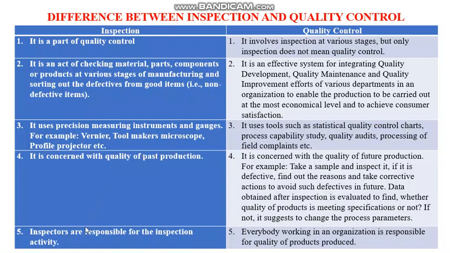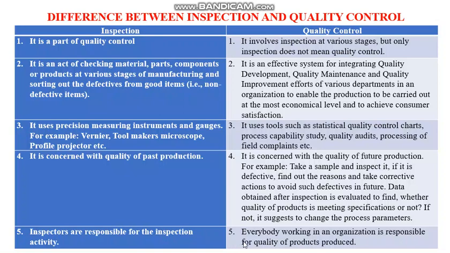Then the fifth difference is that inspectors are responsible for inspection activity. Actually, those people who are trained with these precision measuring instruments, those people working as inspectors, they are responsible for inspection activity.